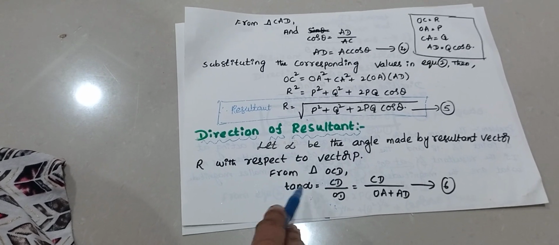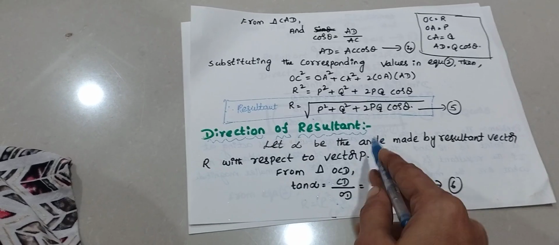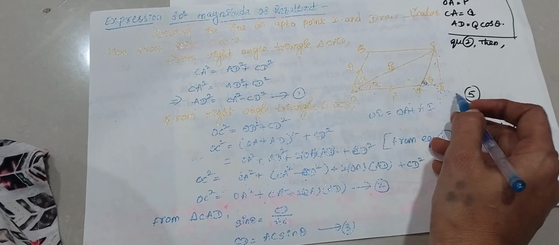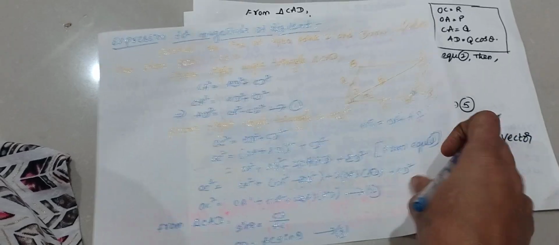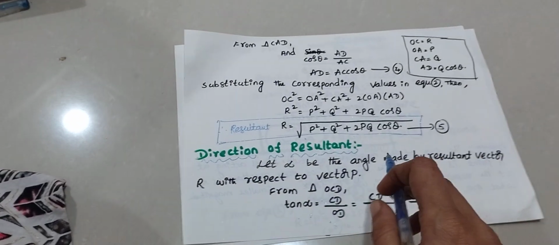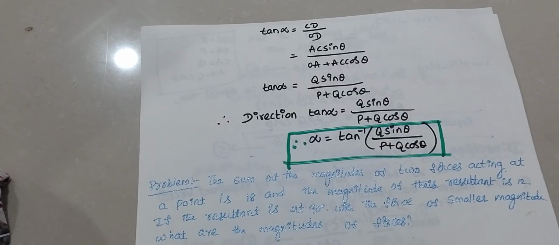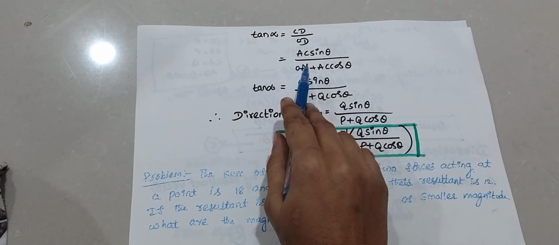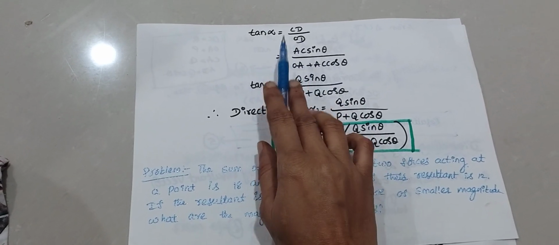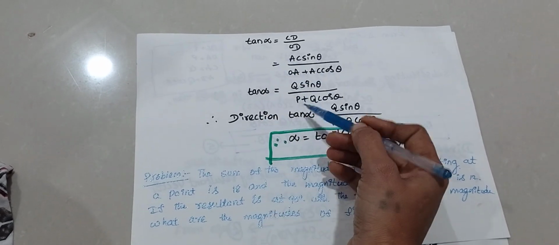From the figure, OD is equal to OA plus AD. So tan alpha is equal to CD by OD, where CD is AC sin theta from equation 3, and OD is OA plus AC cos theta.